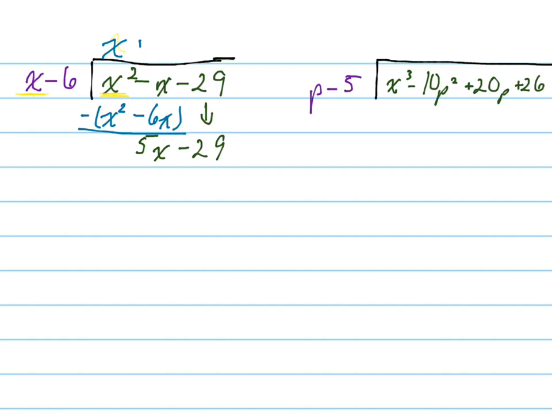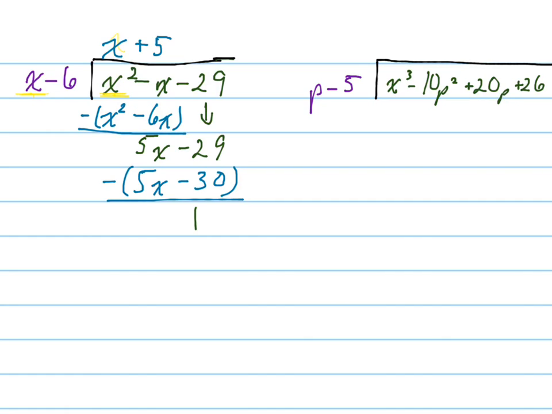So I write plus 5 on top, and then I multiply. 5 times x is 5x, and then 5 times -6 is -30, and again I'm subtracting. So I subtract, and I get 1. So now you're probably wondering, how do I write my answer?